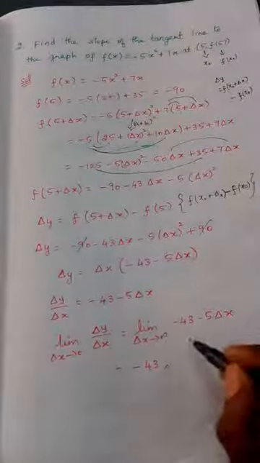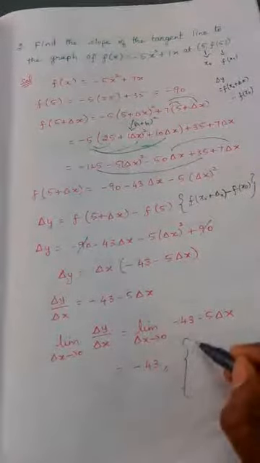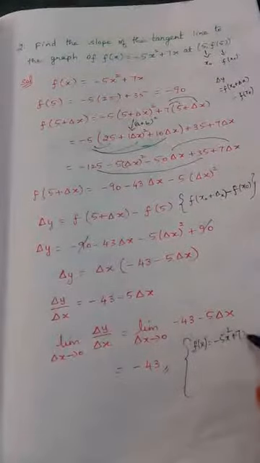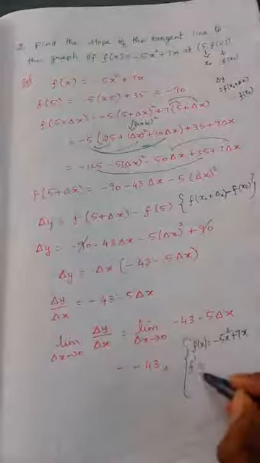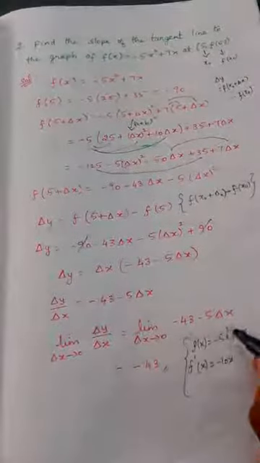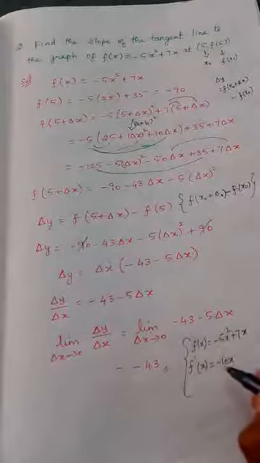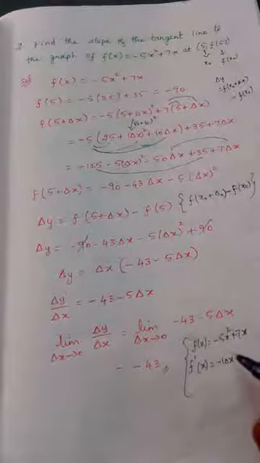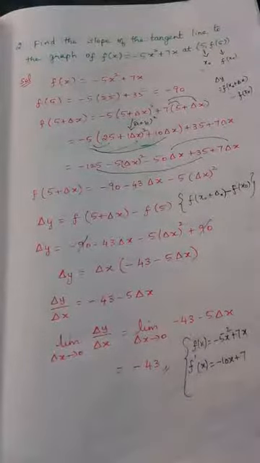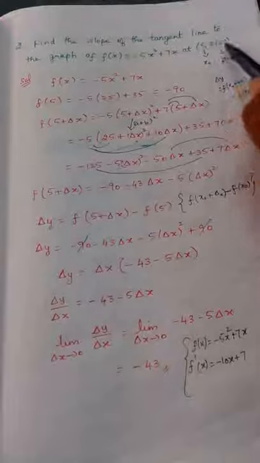Now if we want to verify, we will take the equation f of x is equal to minus 5x square plus 7x. If you differentiate this, what happens? F dash of x is minus 10x, because 2 will come to the front, 5 becomes 10, the power gets reduced by 1, so minus 10x plus 7x differentiates to 7. At which point do they want? 5 comma f of 5, right?